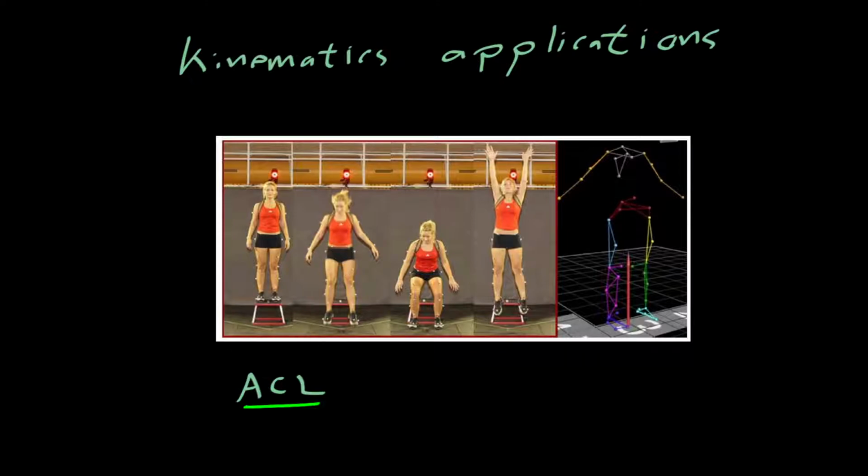And it turns out one of the important risk factors seems to be knee internal rotation and adduction during drop jumps and vertical jumps. So let me write that down.